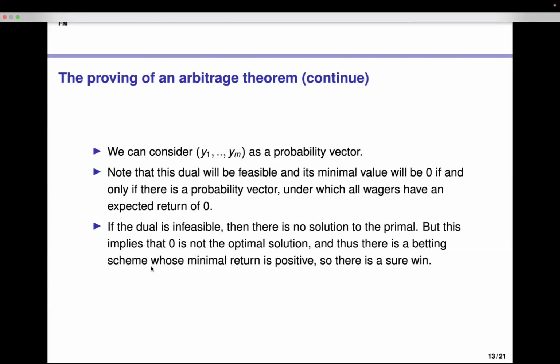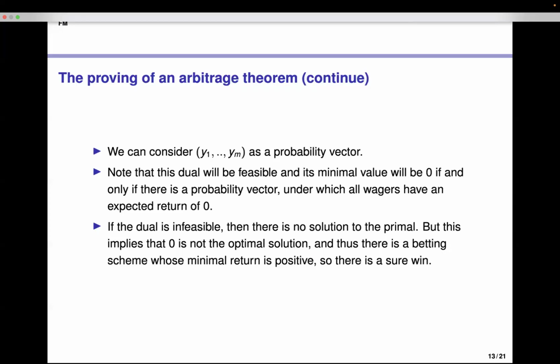But this implies that 0 isn't the optimal solution, and thus there is a betting scheme whose minimal return is positive. So there is a sure win. Yes, it is in fact the arbitrage theorem.